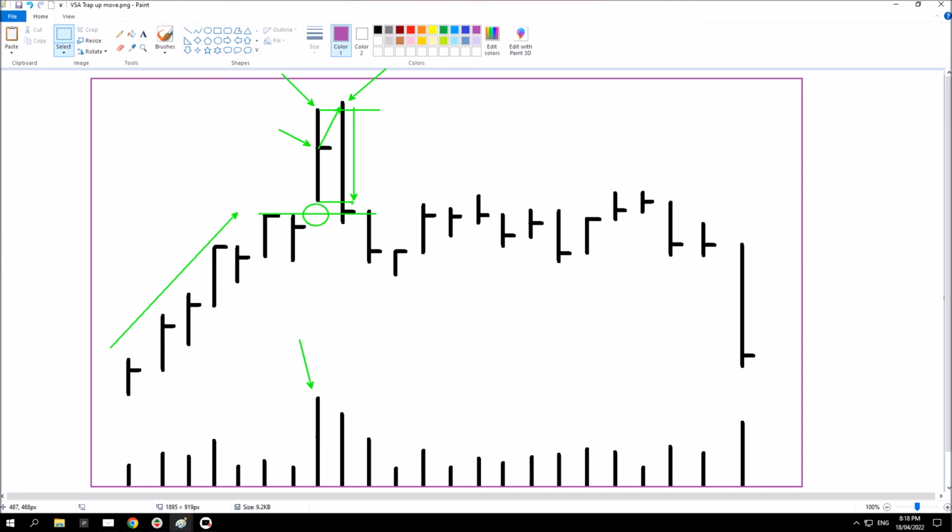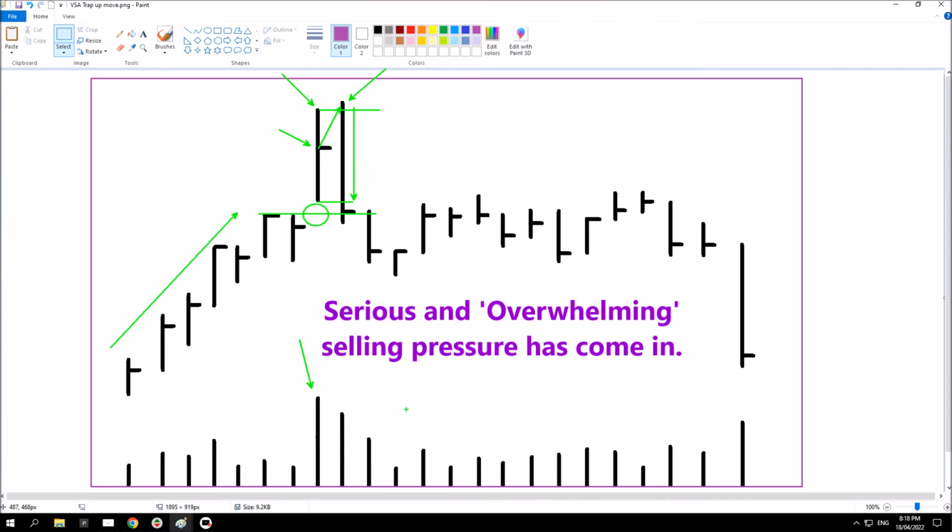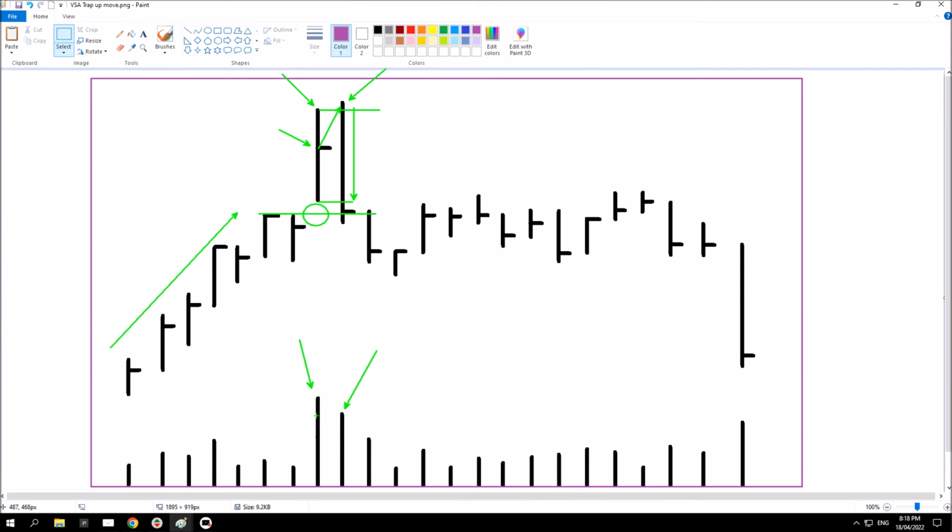And if it closes below the low of the up bar, that's a sure sign that serious selling pressure has come in. And you'll generally find that volume is still high, but it won't necessarily be as high as the previous bar's volume. You'll often see a down bar in response. That's an initial confirmation of the weakness that's been seen in the two previous bars.